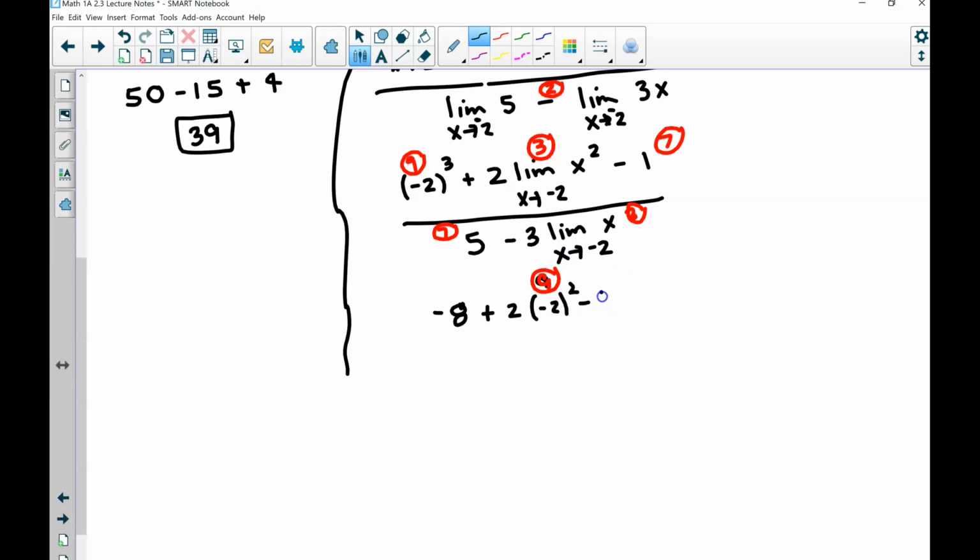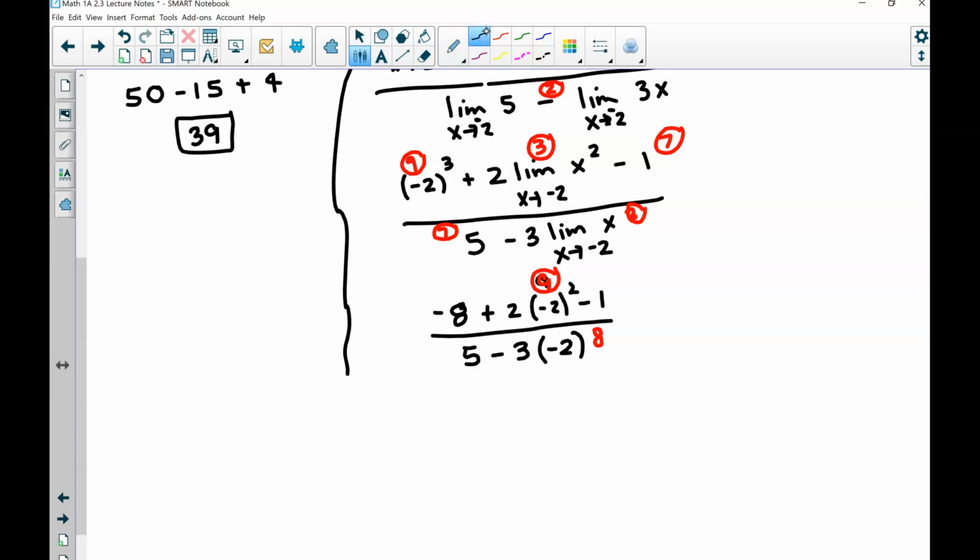And then minus 1. And we have 5 minus 3. Now apply the limit as x approaches negative 2. So that's going to be times negative 2. And that represents limit law number 8.